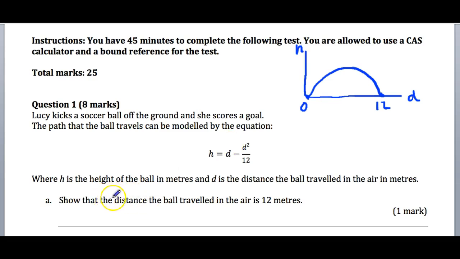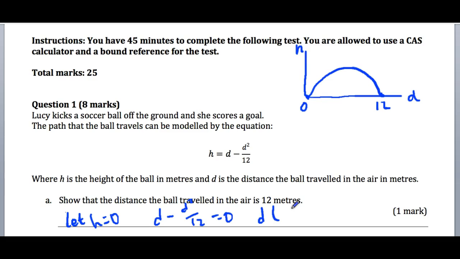So question A, show that the distance the ball travelled in the air is 12 metres. So you basically will say, well, let h equal 0, and then you're basically finding your x-intercepts or your d-intercepts. So we have d minus d squared on 12 equals 0, and then just take out d as a common factor.